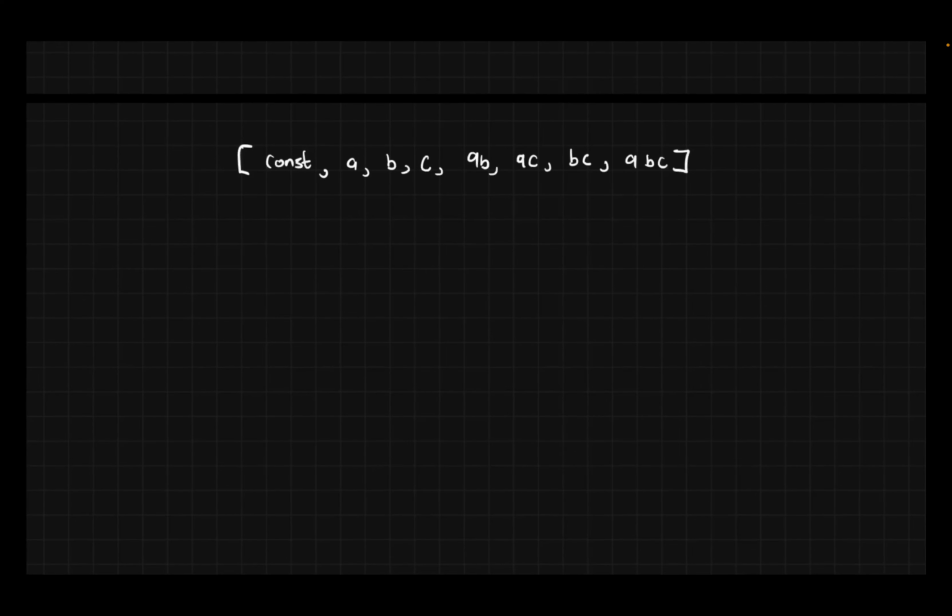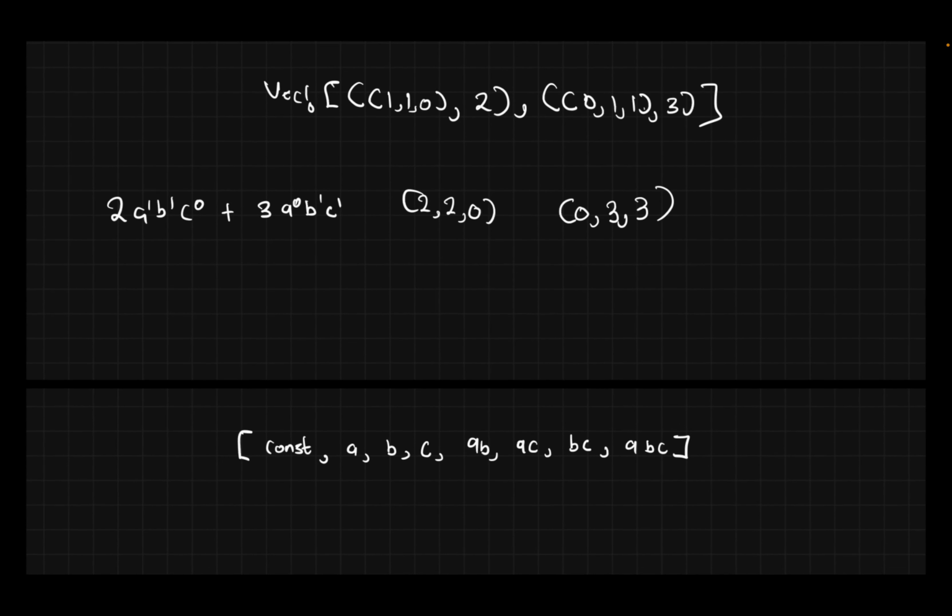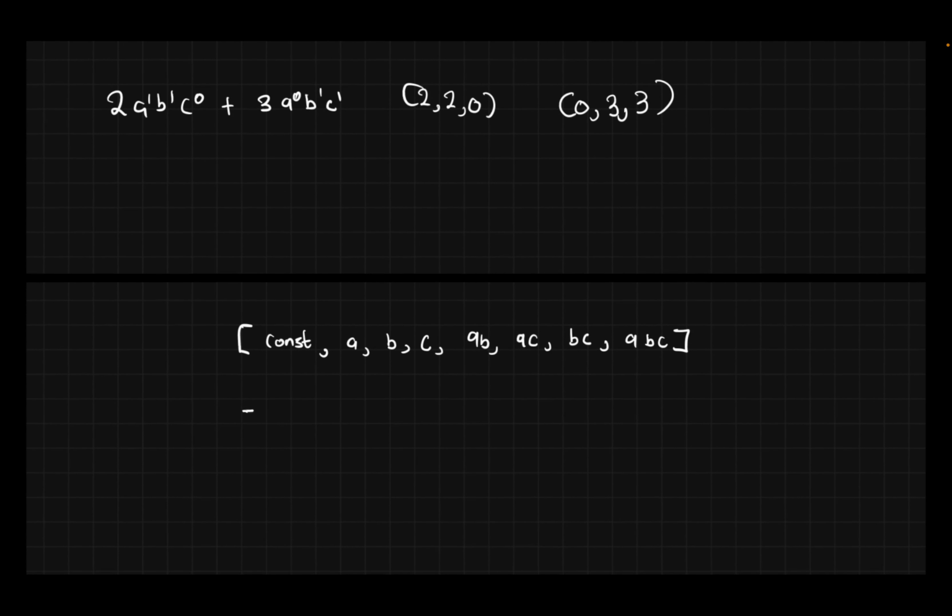Then you just put the coefficient of the ones that are available. So 2AB plus 3BC, there's no constant. AB is 2 and BC is 3, and the rest of them are 0.